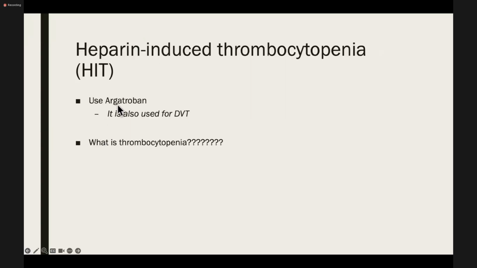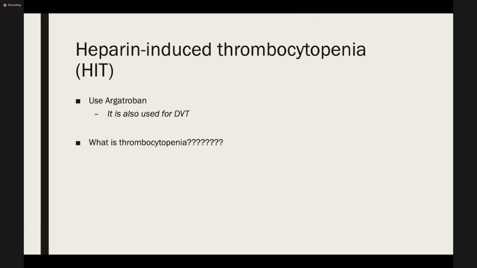Why do you have to give argatroban on a patient with heparin-induced thrombocytopenia? It's a direct thrombin inhibitor. Why do you have to give it? To stop the clotting. That's right.